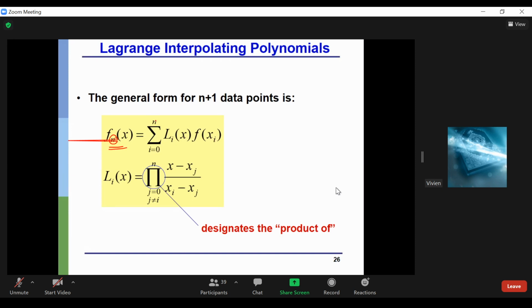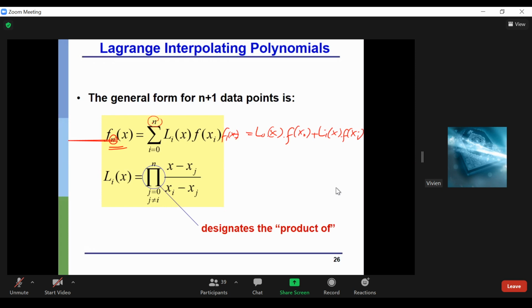So for example, we want to have first order, then n is equal to 1. So f1(x), first order, will be equal to L0(x) times f(x0) plus L1(x) times f(x1). So this is for the first order.